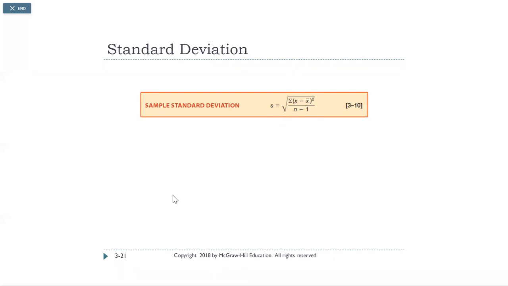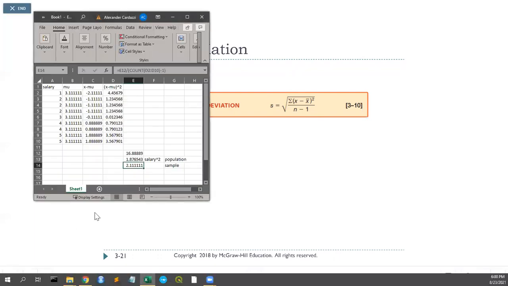So effectively, grab this, let me put it here. This is our units, right? So now just take the square root of this guy. Now we have 1.45. And this is now in units of salary.